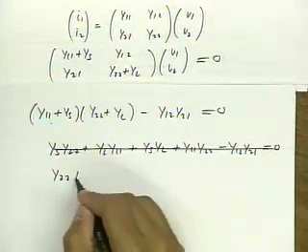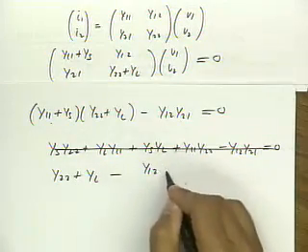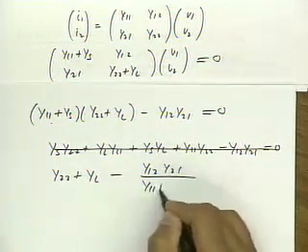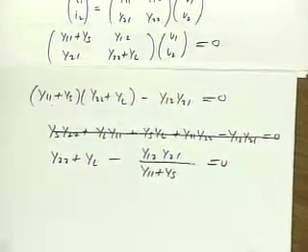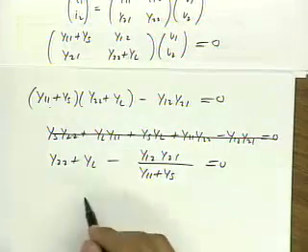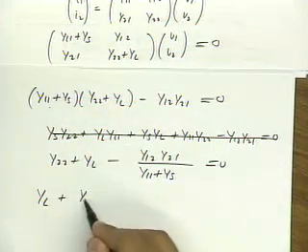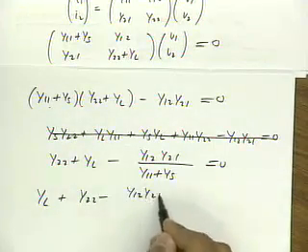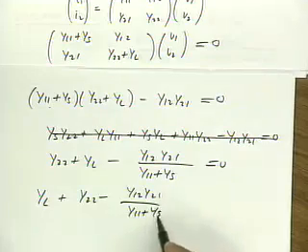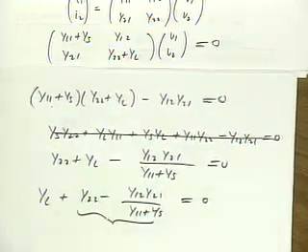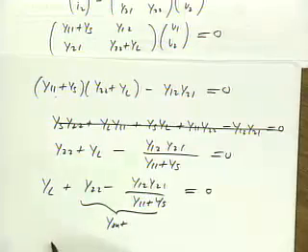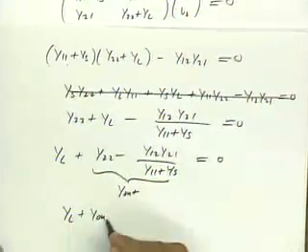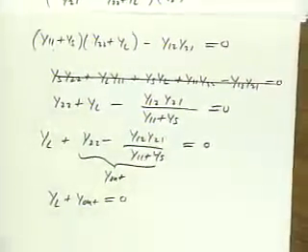So I get Y22 plus YL minus Y12, Y21 over Y11 plus YS equals 0. That's better, because now you'll recognize the second term here. What's this? Exactly, this is Y out. So I have an equation that says YL plus Y out is equal to 0.